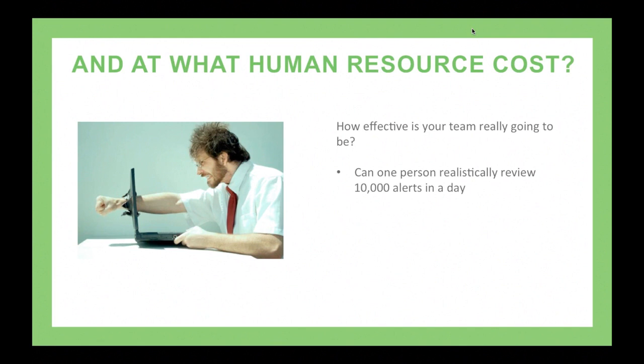How many alerts can a person realistically review in any given day, right? And if you're cramming the system with tens of millions or hundreds of millions of events per hour or even per day, the amount of correlated data it's going to present is going to be immense, and even reviewing that correlated data will be a challenge.